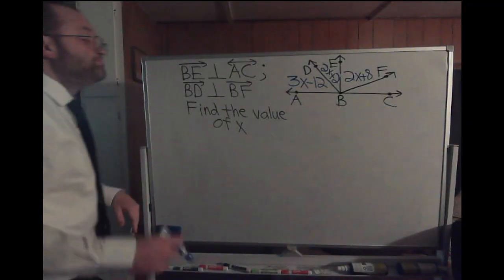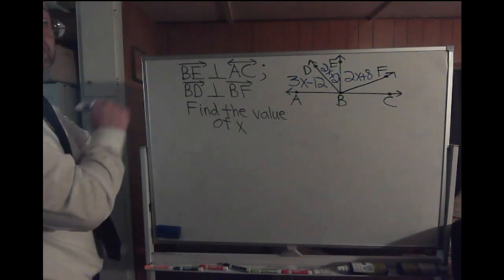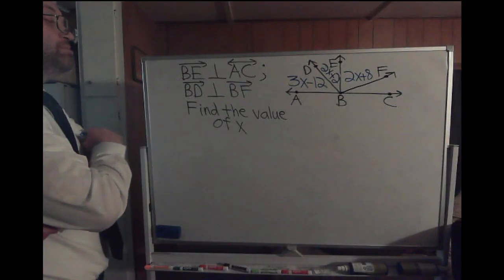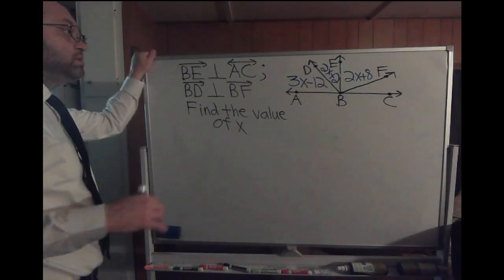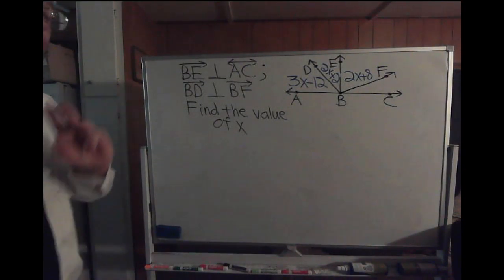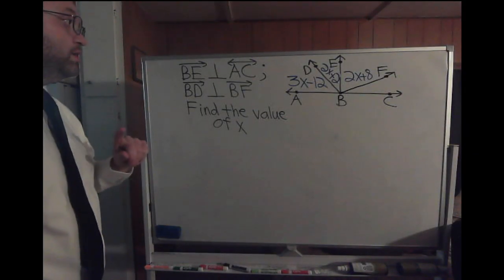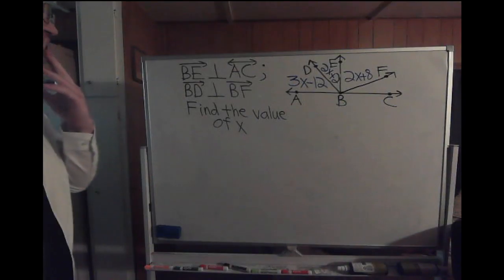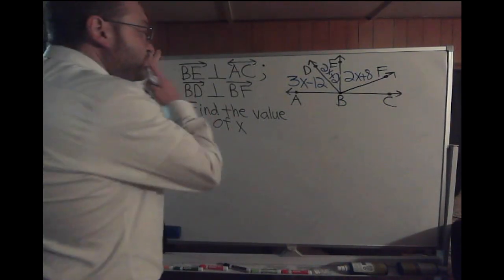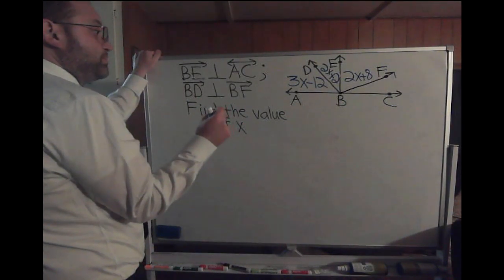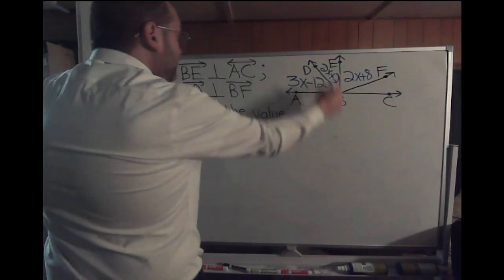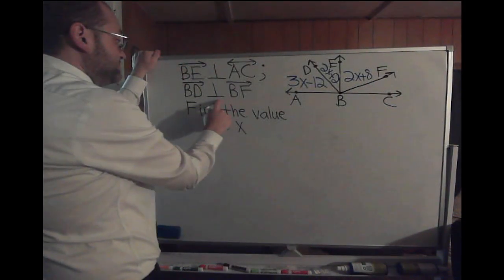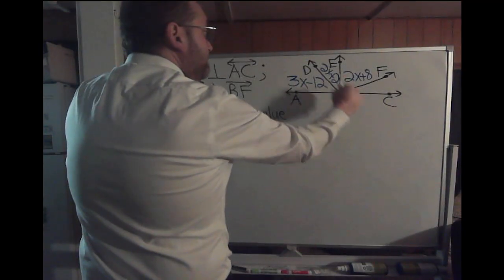That's okay. This is a problem where they're trying to trick you deliberately. It looks like we need to add the sum of three angles. Well, based on the given information, what do we know? We know for a fact that ray BE is perpendicular to line AC. We also know that BD is perpendicular to BF.